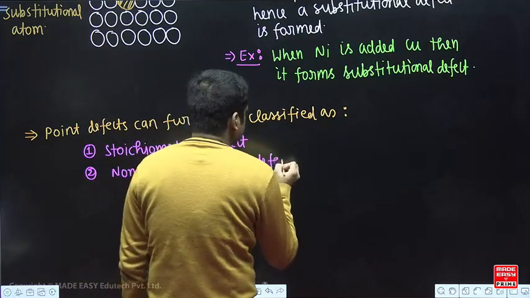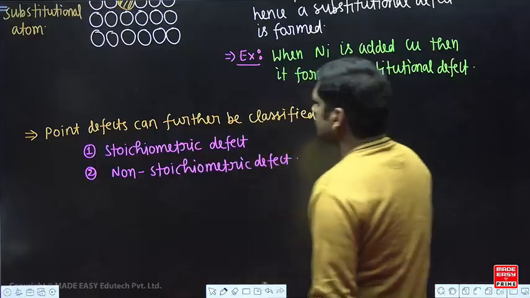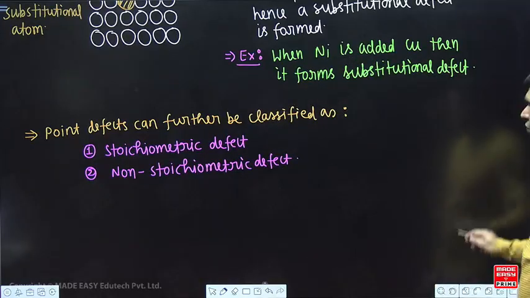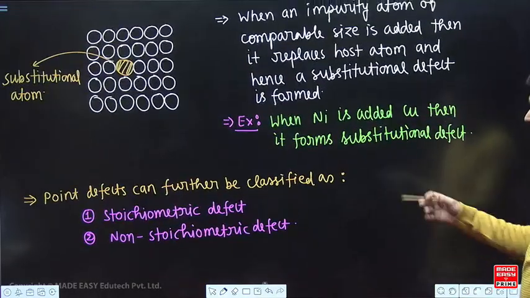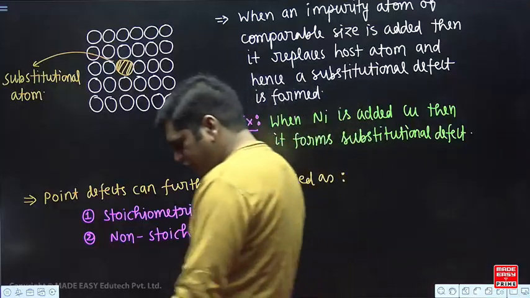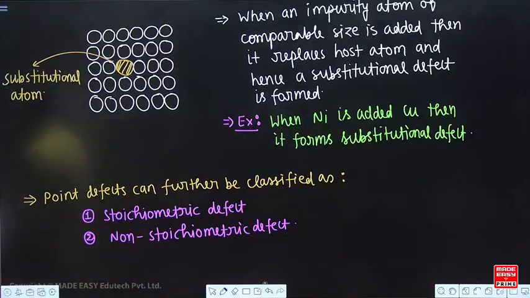So point defects can further be classified into two broad categories. First one is stoichiometric defect and second one is non-stoichiometric defect.